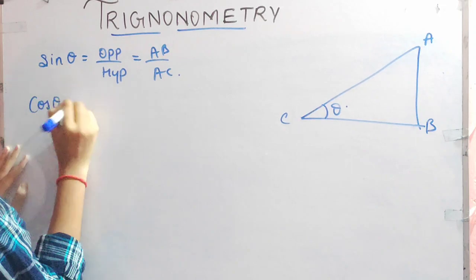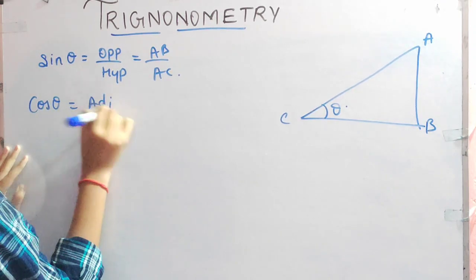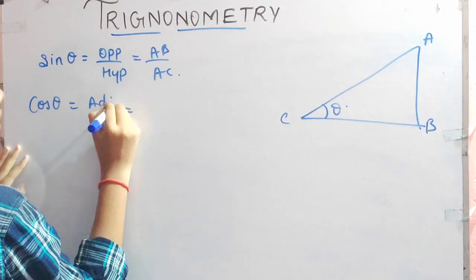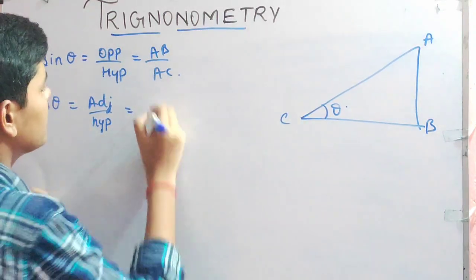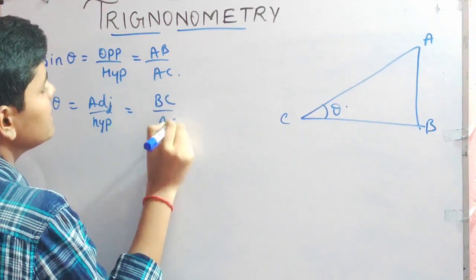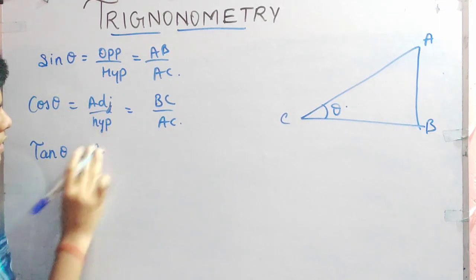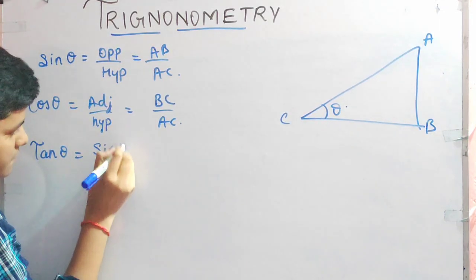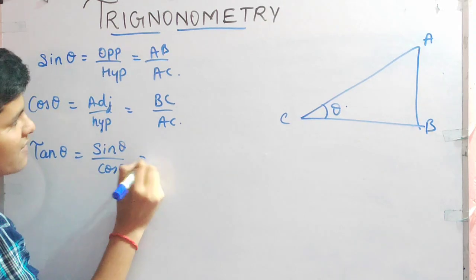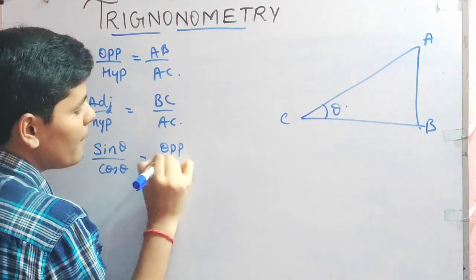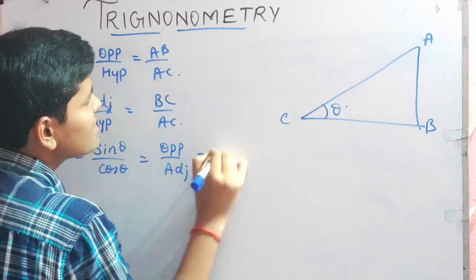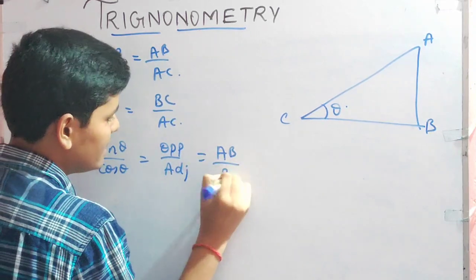Second is cos theta. Cos theta is equal to adjacent by hypotenuse. What is adjacent? BC. What is hypotenuse? AC. Then tan theta, which is equal to sin theta by cos theta, which is equal to opposite by adjacent, which is AB by BC.